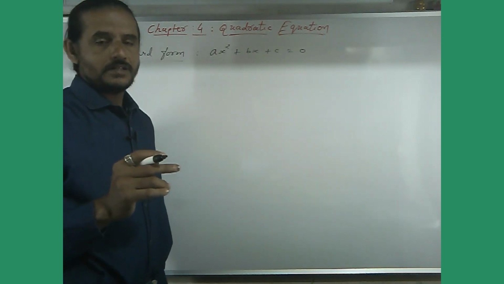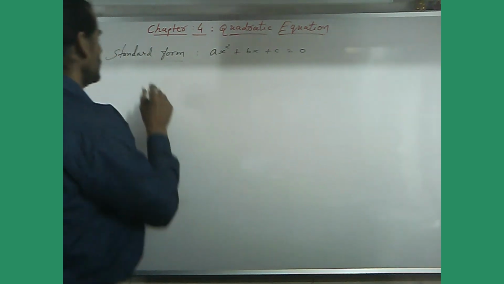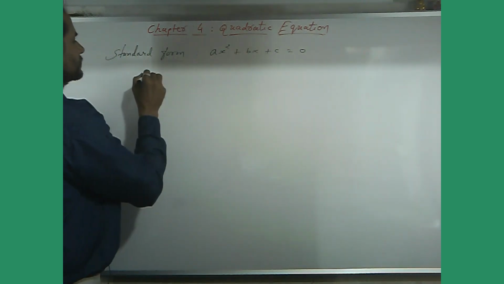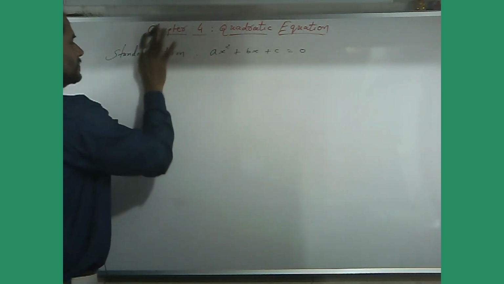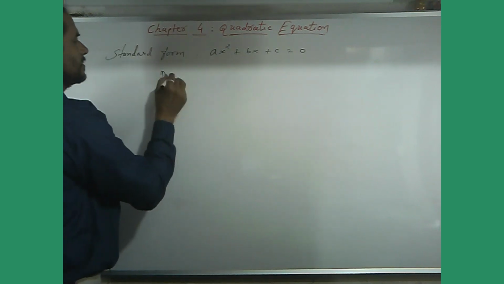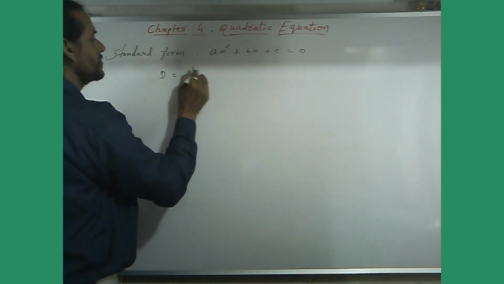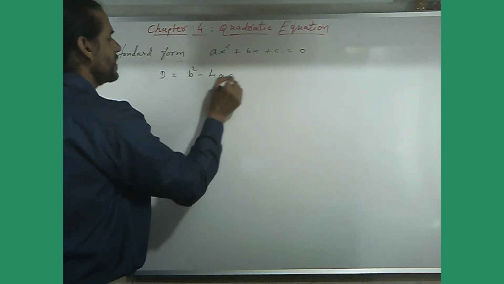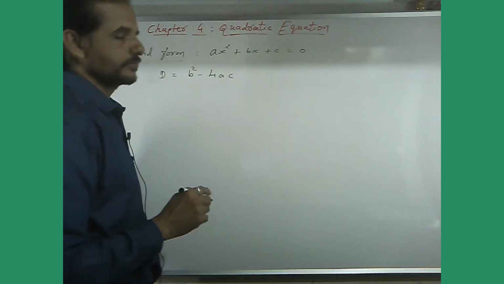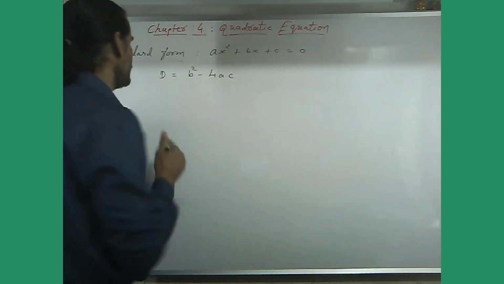Look here, delta, here D is equal to b square minus 4ac. This is the delta.